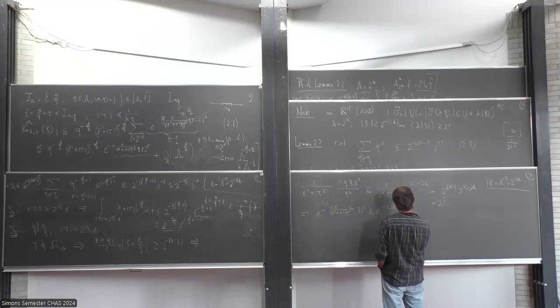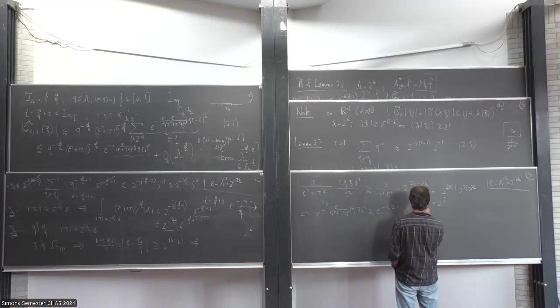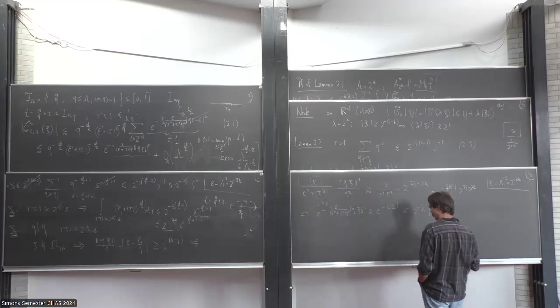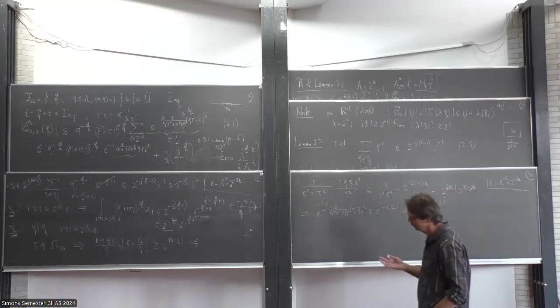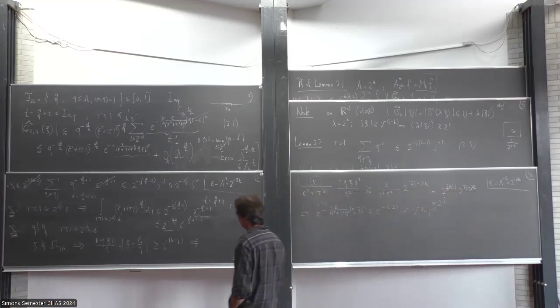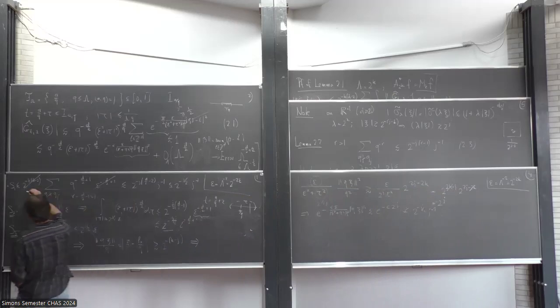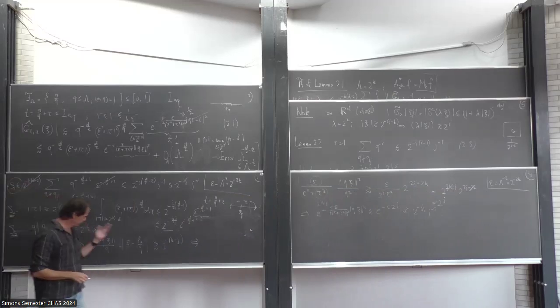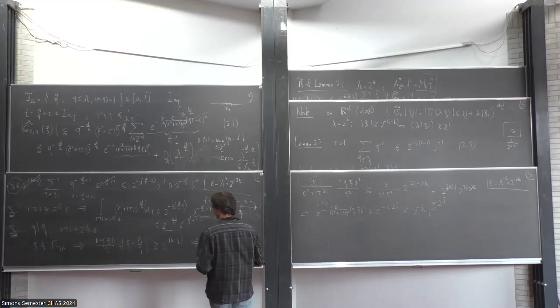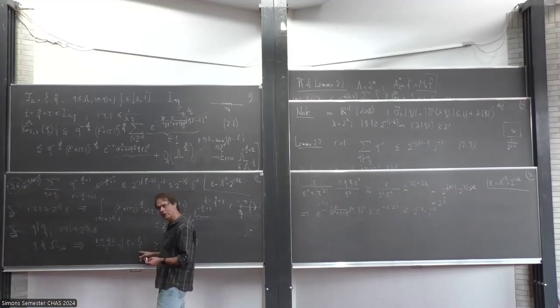Of course, this is much smaller than 2 to the minus j, or 2 to the j to the minus 1. So we kind of overshoot in this decomposition, but you can't really gain anything more than that because of the S1 sum.